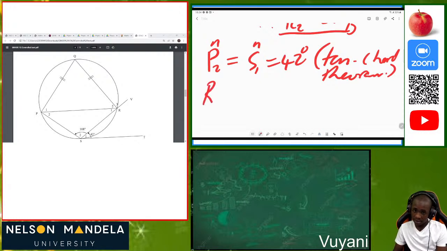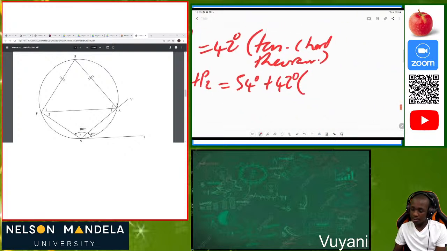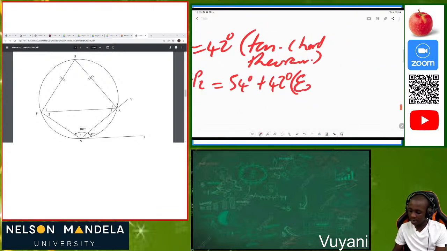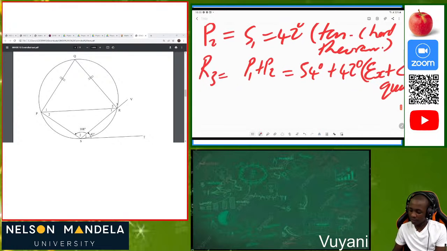So R3 is equal to P1 plus P2, which is 54 plus 42 degrees. Why are we saying that? Because angle R3 is an exterior angle of a cyclic quadrilateral. So 54 plus 42, please use your calculators as well so that you can assist each other. That's 96 degrees. So that is our angle.